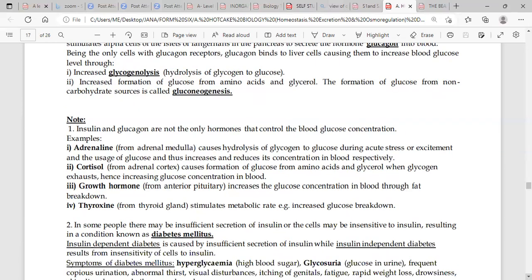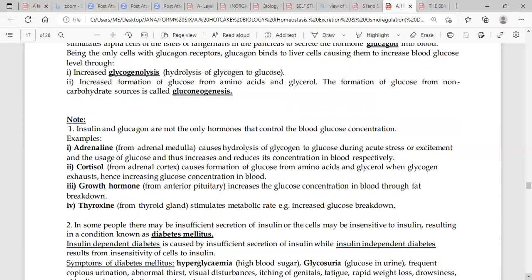Second note: in some people, there may be insufficient secretion of insulin, or the cells may be insensitive to insulin. Sometimes insulin is produced in low amounts, or the cells become insensitive to insulin. If the cells become insensitive to insulin, that means its effect won't take place.